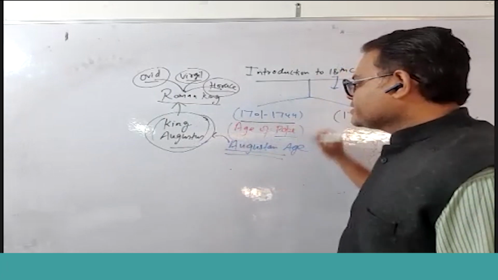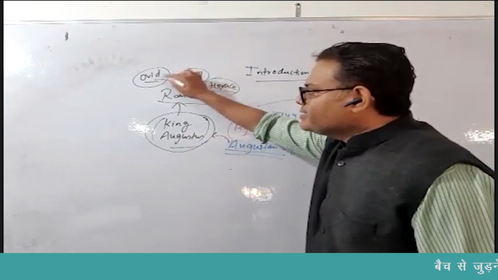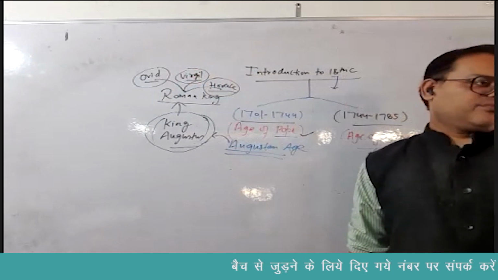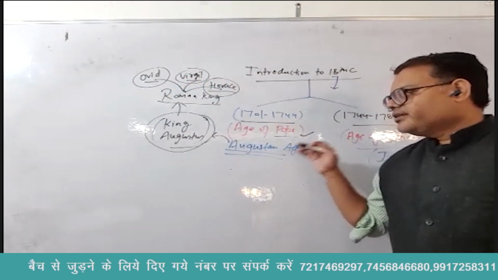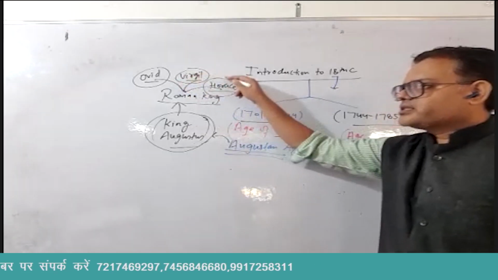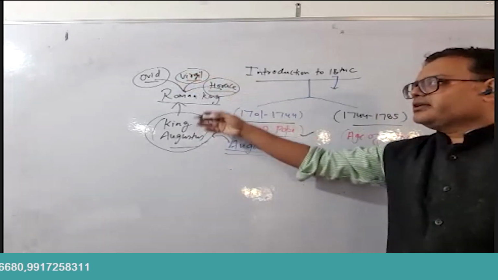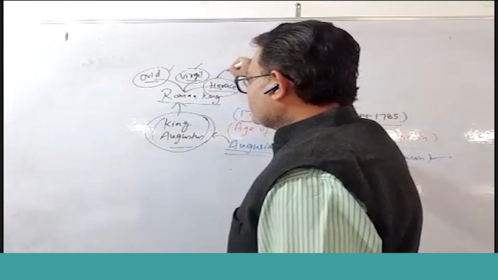And in the first half of 18th century, writers like Pope imitated these three great writers. And that's why the name Augustan age came. So the Augustan age name came because these writers imitated the writers of King Augustus's reign, and these three writers were Ovid, Virgil, and Horace.